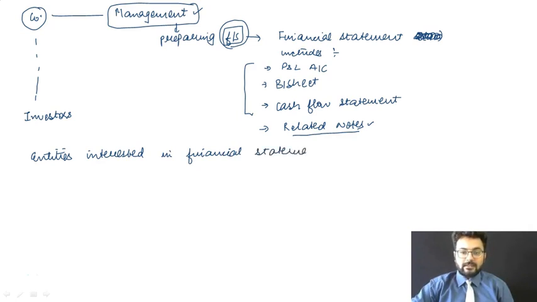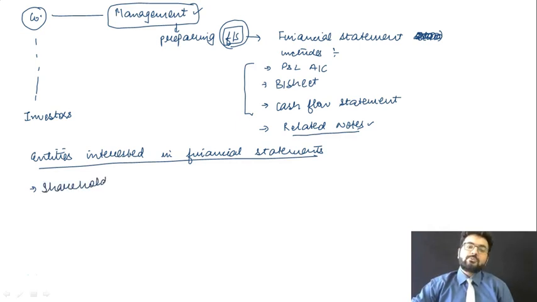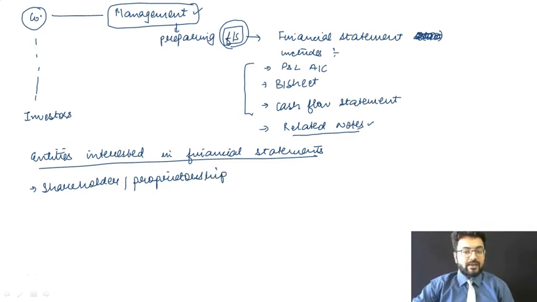There are so many entities. The very first is shareholder, when it comes to a company, or proprietor when it comes to a proprietorship. Because he is the exact person who needs to find out how much profit my company, my partnership firm or my proprietorship has earned.